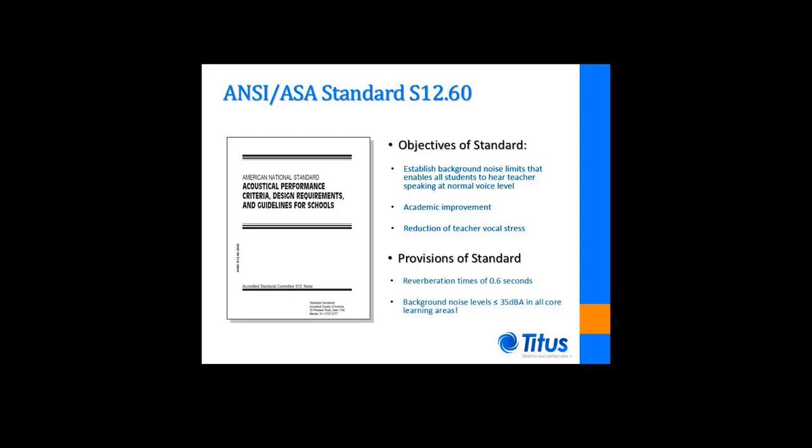This equates to a sound pressure level of NC 27 in all of the core learning areas. This has a significant impact on HVAC equipment selection and placement in and in the proximity of the classroom. The standard also limits the reverberation times within the classroom to 0.6 seconds or less.